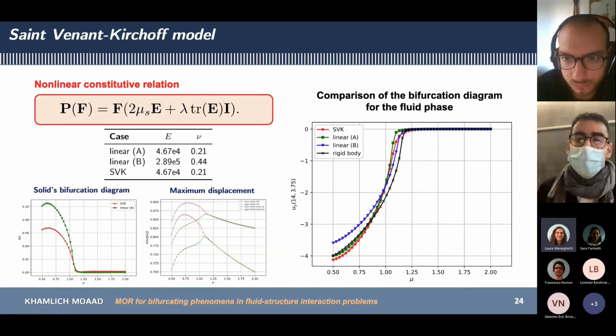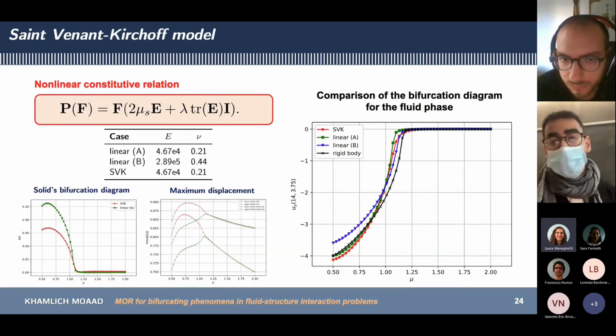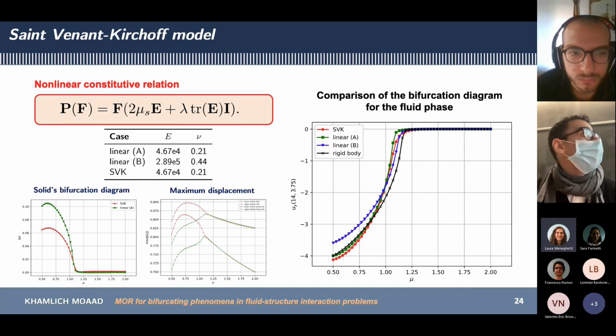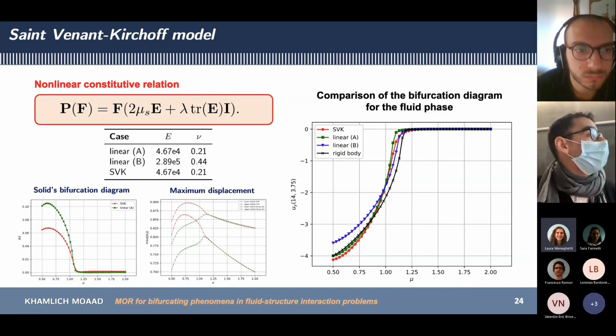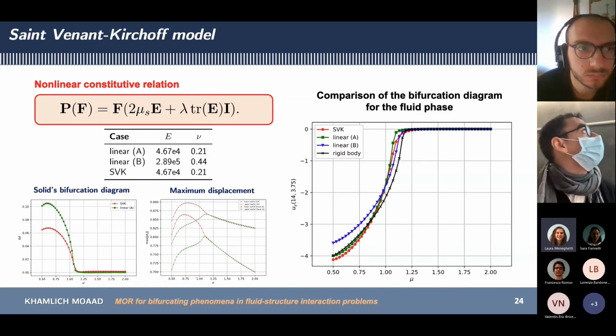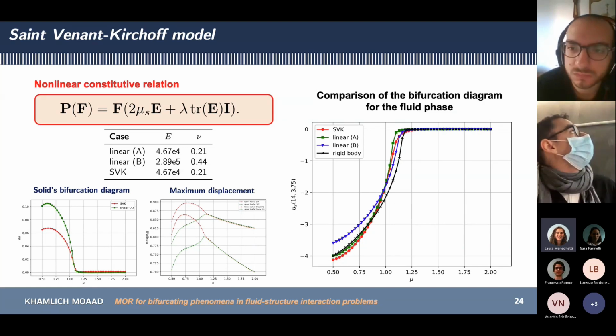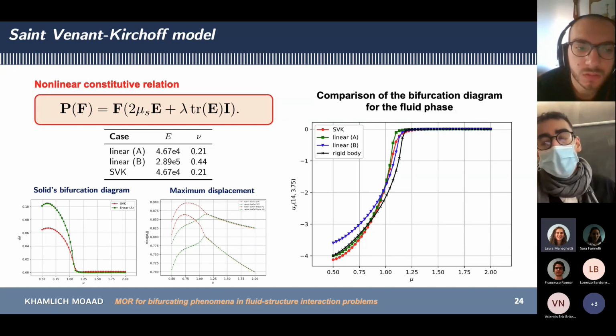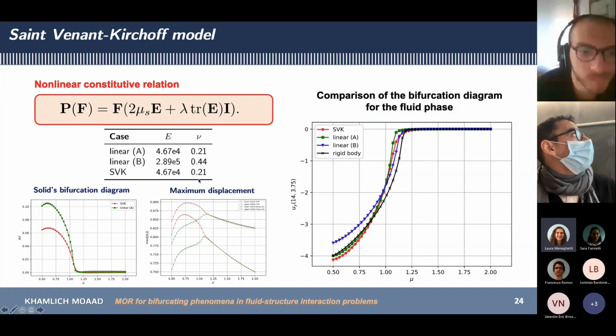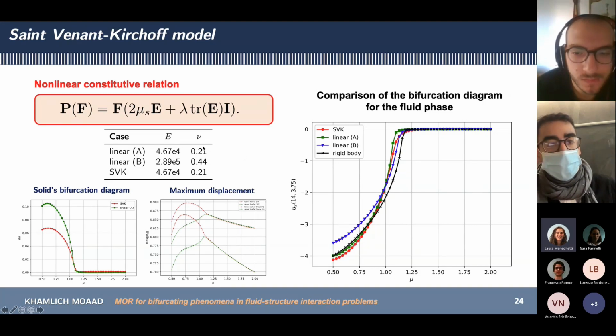So finally, we dealt with the nonlinear model for the solid phase, and we have chosen to use a hyperelastic nonlinear model known as Saint Venant-Kirchhoff. In order to carry out a comparison with the linear counterpart, obviously we have taken the same values for the constitutive relation.